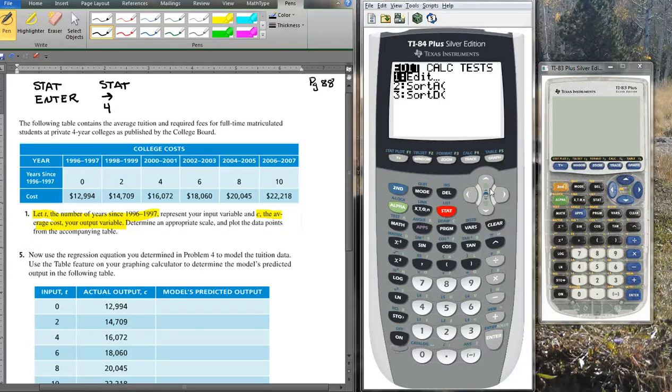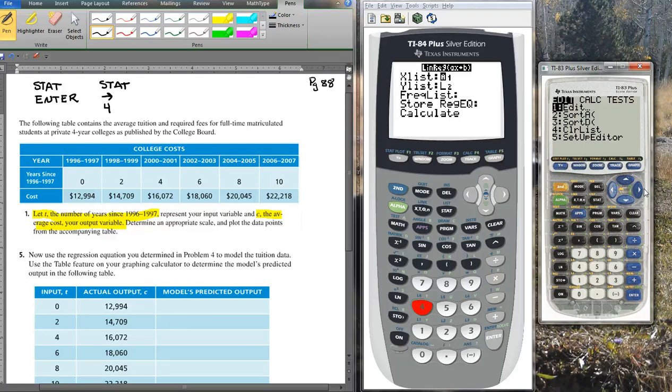So Stat, right arrow, number 4 is linear, so hit number 4. Now notice with the 84, your calculator looks like this. If I do the same thing on an 83, or you might have an 84 that has not been upgraded, and you get this.